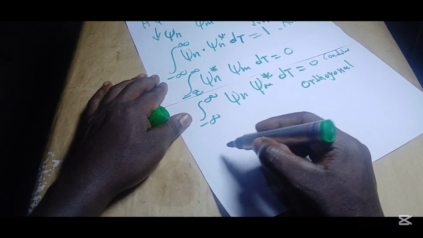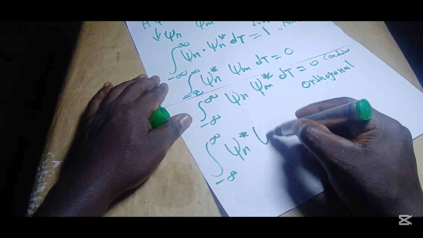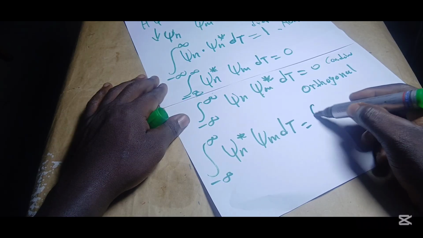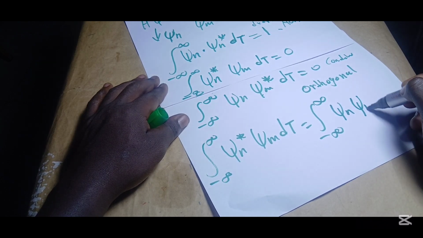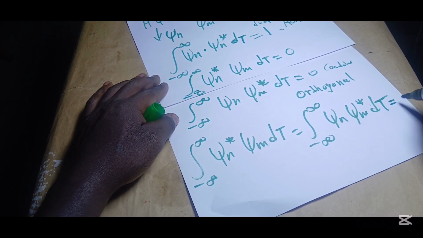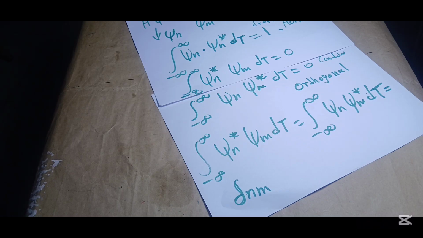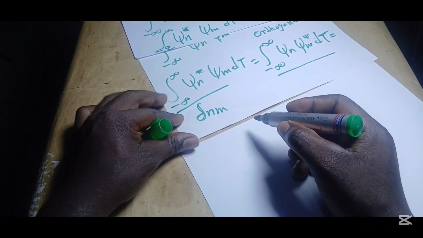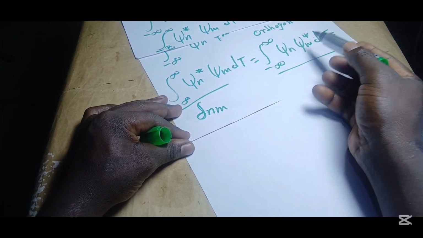We can say the integral from negative infinity to positive infinity of psi n and psi m with the volume element, and we can also write it the other way around, with psi m being the complex conjugate, is equal to the Kronecker delta nm. It is okay to write them in any way, either with psi n being the complex conjugate or psi m.